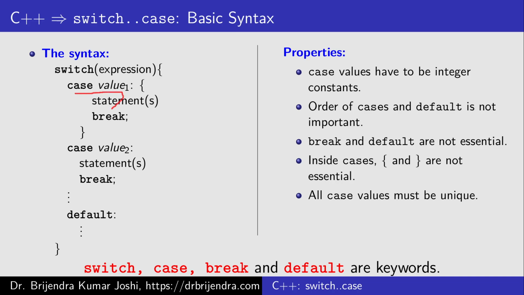If we do not have break, then instead of testing against value 2, it will automatically enter the case value 2 block and start executing those statements. So if it enters from the first, second or third, and does not encounter break, it will keep on entering the following case blocks and executing the corresponding statements.